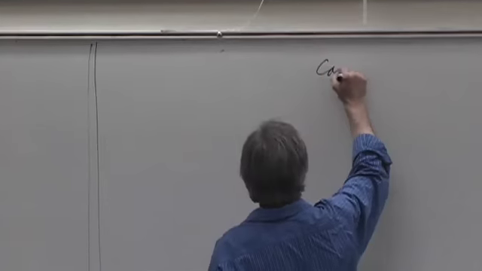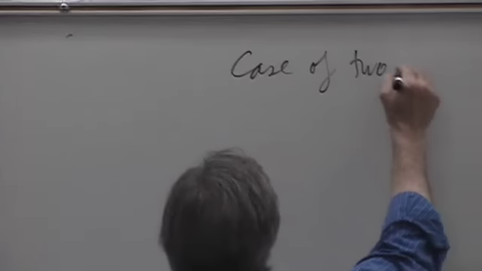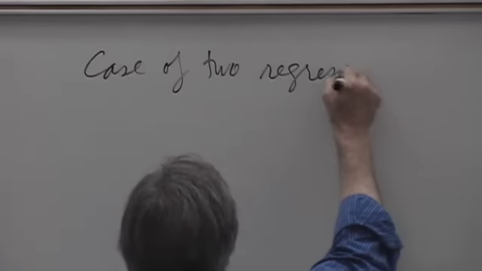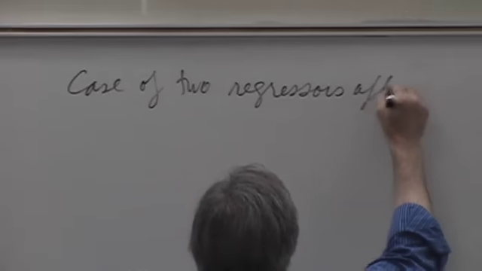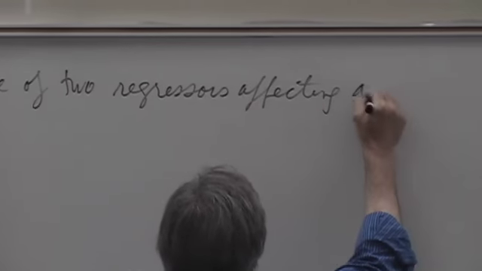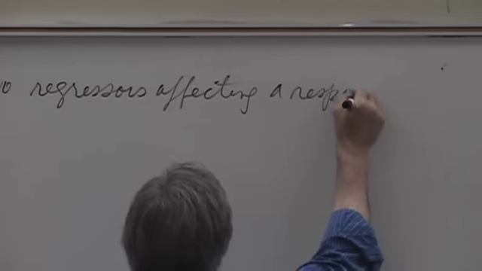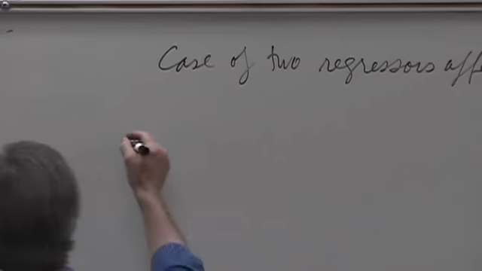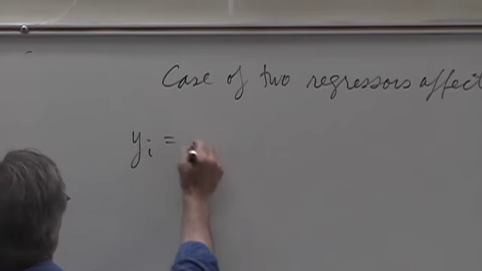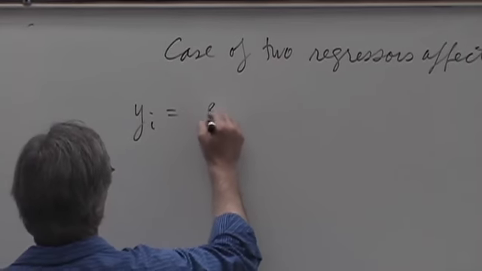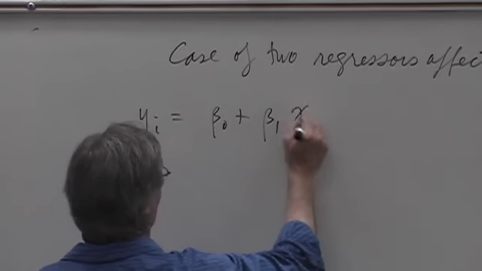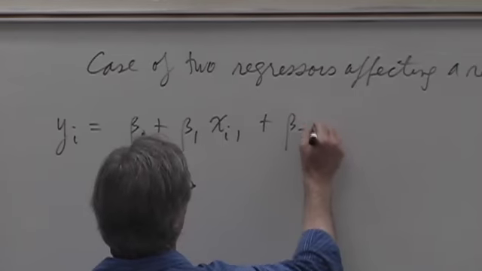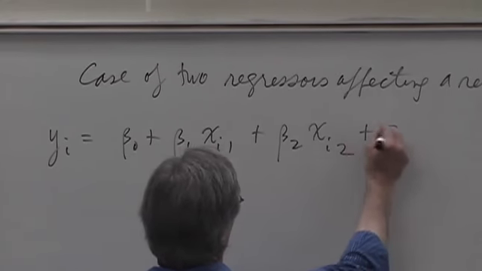So it's just a case of 2 regressors affecting a response. We're going to call Y the response. You have 2 inputs, x1 and x2, so you have yi equals, just as before, beta 0 plus beta 1 xi1 plus beta 2 xi2 plus epsilon i.